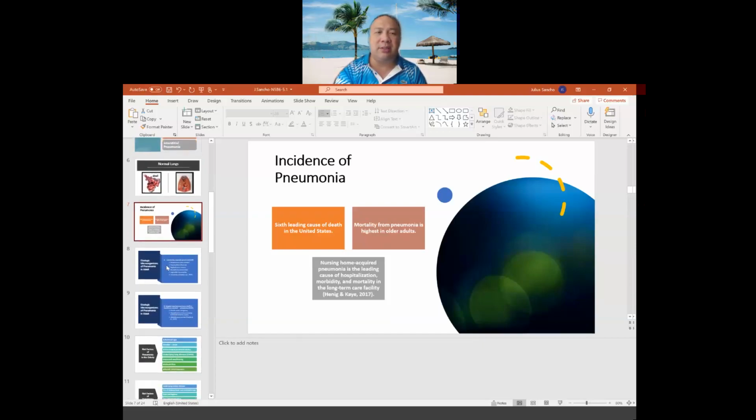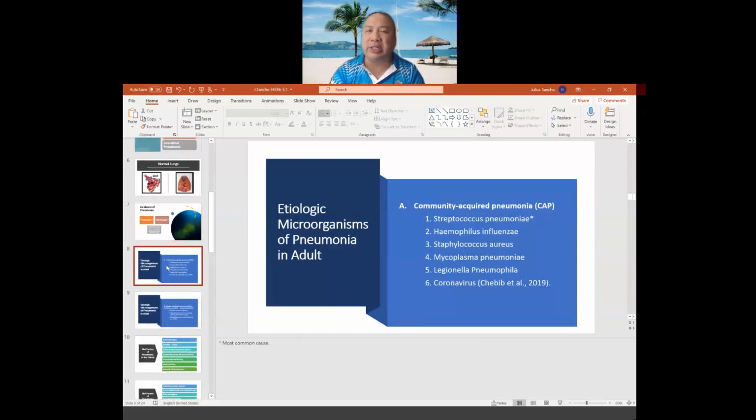So, what are the etiologic microorganisms of pneumonia that are present in the adult? For community acquired pneumonia, the most common microorganism is Streptococcus pneumoniae. Next you have Haemophilus influenzae, Staphylococcus aureus, Mycoplasma pneumoniae, Legionella pneumophila, and the coronavirus, which is COVID-19, but it's less common compared to Streptococcus and Haemophilus influenzae.